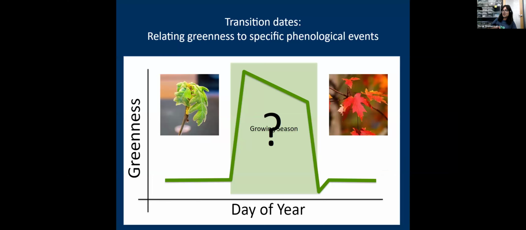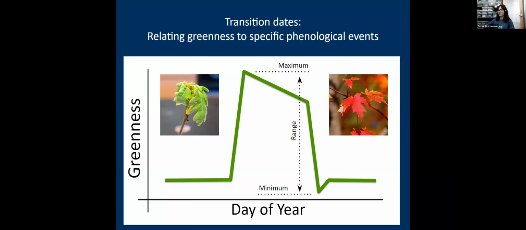For certain applications, it might be of interest to know what parts of the annual cycle correspond the most closely to the occurrence of specific phenological events, such as leaf emergence in spring or color in fall. And to investigate, what's commonly done is a calculation of what's known as a transition date.